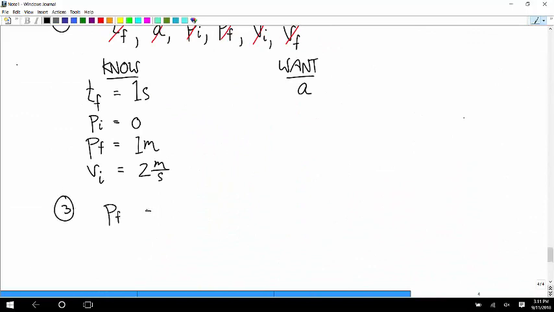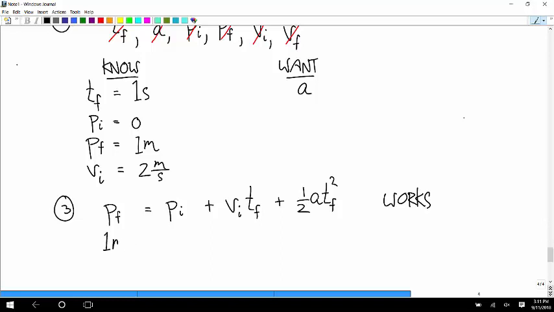So this equation that says p final is equal to p initial plus v initial time final plus 1/2 a time final squared, that one works. Now I'll fill this stuff into the equation.